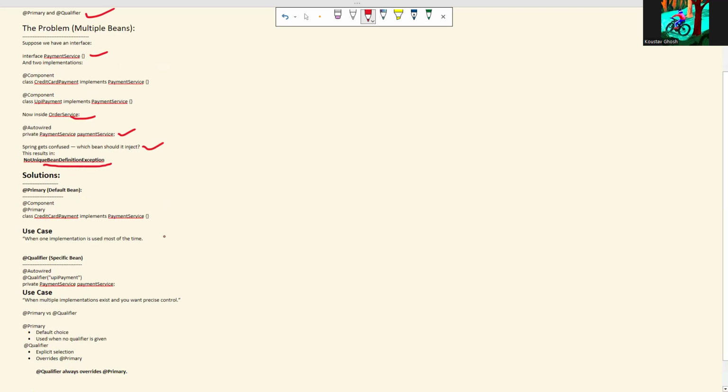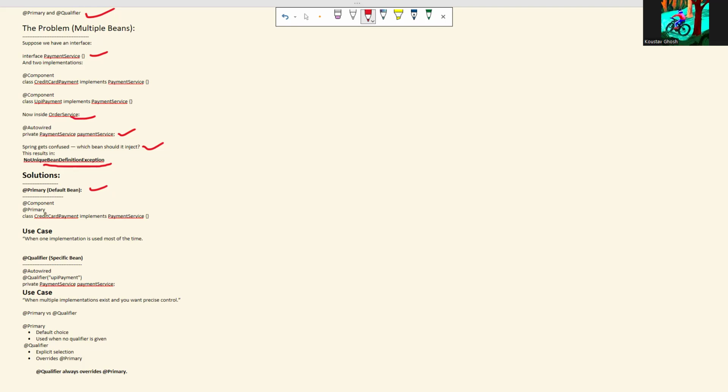Okay, so what are the solutions? How can we solve this? Firstly, we use the primary annotation, which marks the default bean. It tells Spring to use this bean if no other instruction is provided.